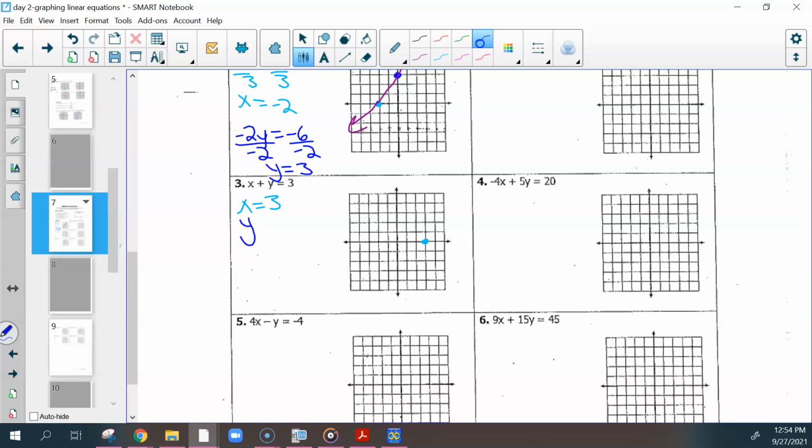Same thing for my y value. And I would grab those 2 points and connect the line with those 2 points. So if it specifically says graph using x-intercepts, then do that.